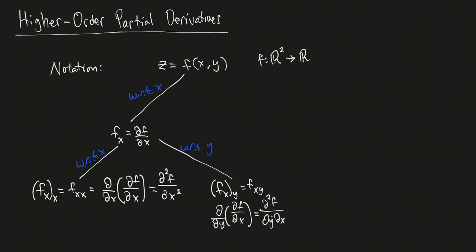So with the Leibniz notation, the order tends to be reversed. So what's the way you read it? The way you read this so that you have the correct order of differentiation is from right to left, right? And there you go.